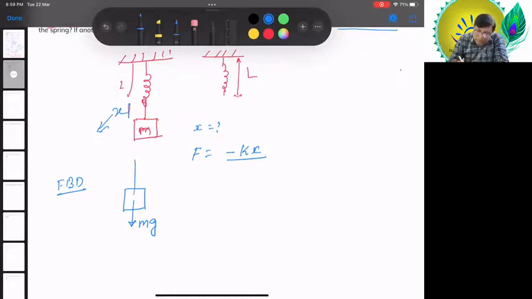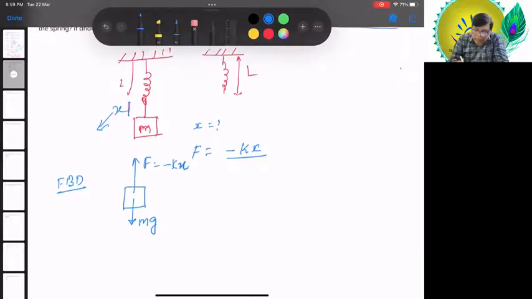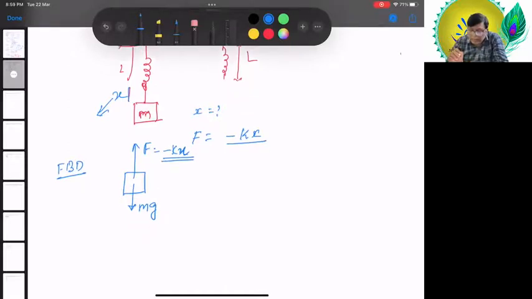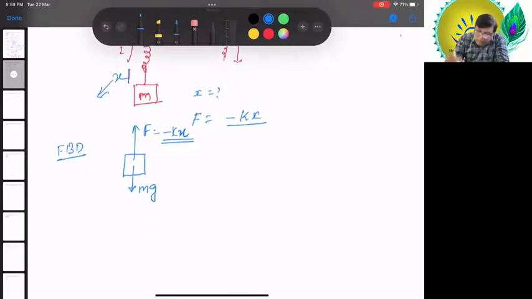So this will be F is equal to minus kx. Here we have to consider the magnitude. In upward direction, we have to take this positive. For drawing this FBD, we have to take a point for this object, and from that point, this will be mg, so that the line of action of the forces will be same, F due to a spring.